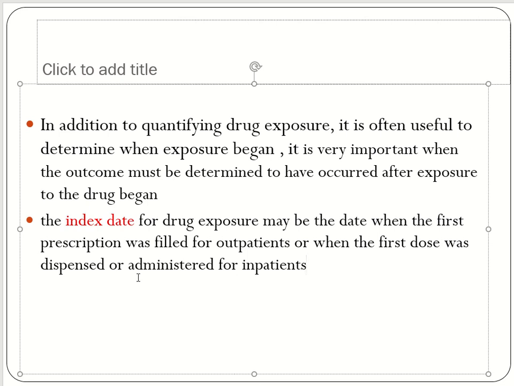So for drug exposure, it could be the first time they ever encountered the drug, whether through a prescription or taking the medication. An index date for the outcome could be when they were diagnosed with this outcome, or the first time they were hospitalized for the certain outcome. So, index dates are of paramount importance whenever you're dealing with research.